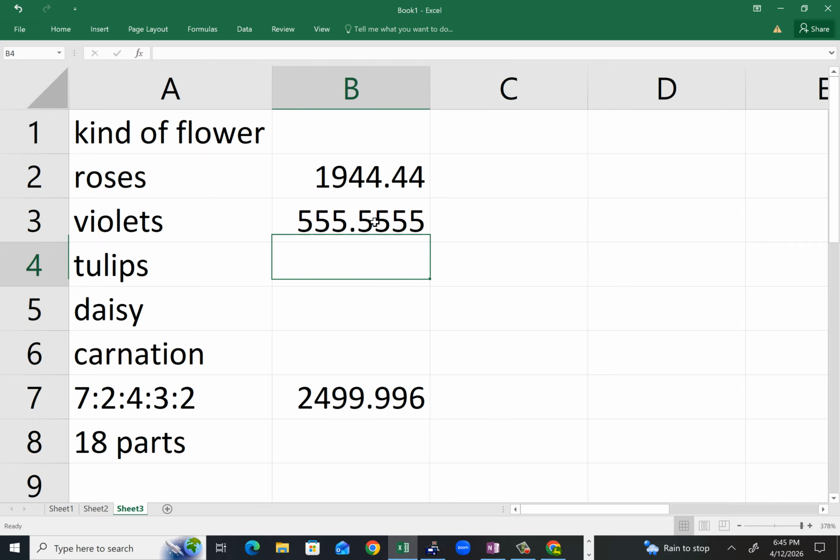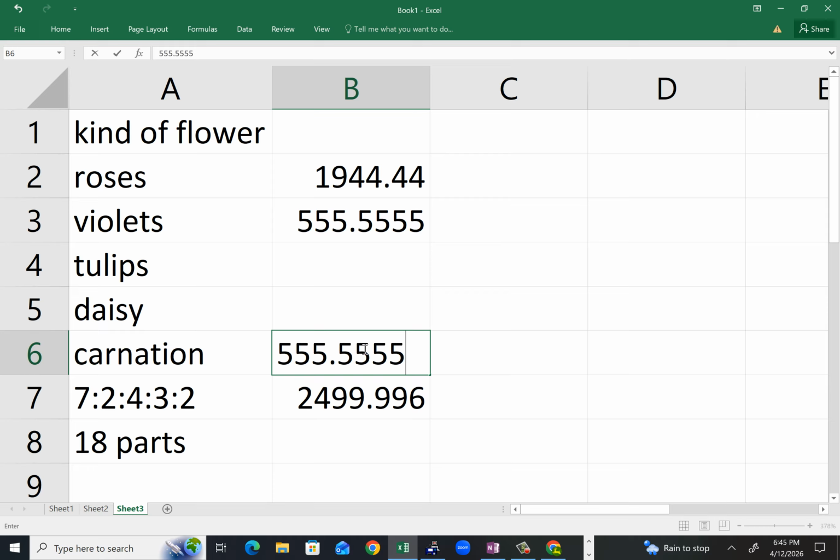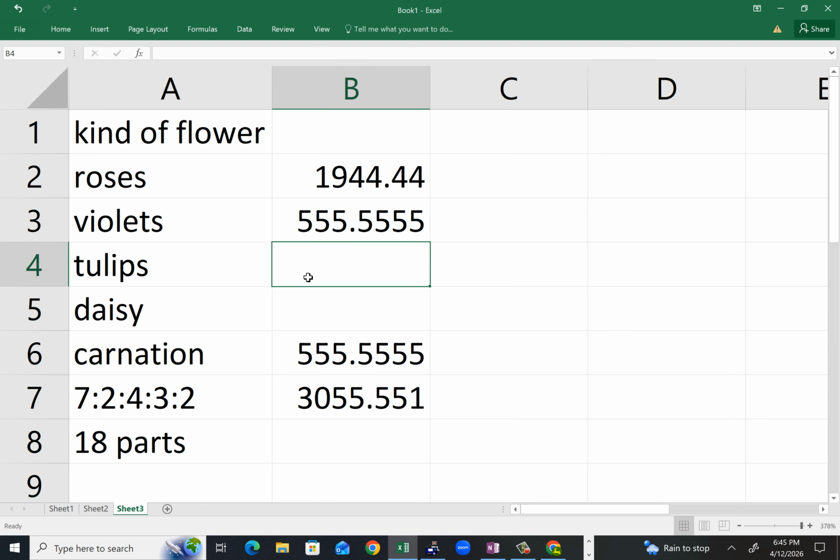Okay, cool. Now, what about carnations? Well, they better be the same because it's the same parts. And what about tulips? Tulips are twice as much, so 2 times 555.55555. Ta-da! There it is.